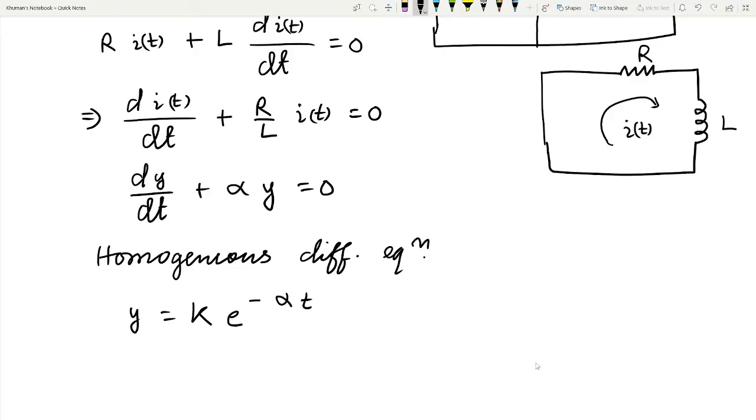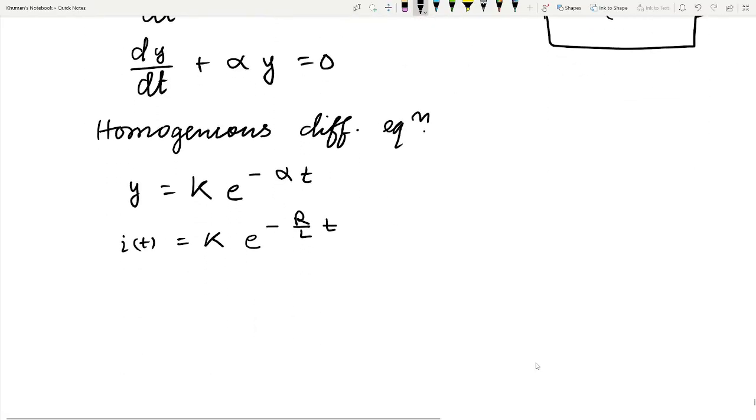Then we can find the solution of this equation also, comparing with this homogeneous differential equation. So we can write i(t) equal to k e to the power minus R by L t. The value of k can be found by applying the initial condition, that is i at t equal to 0 is equal to Vs by R.